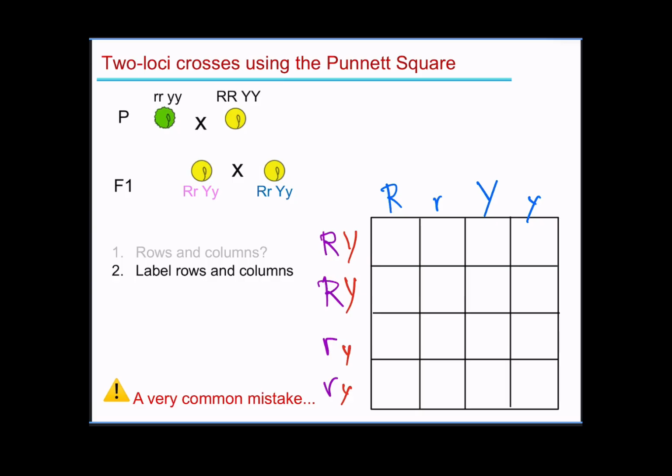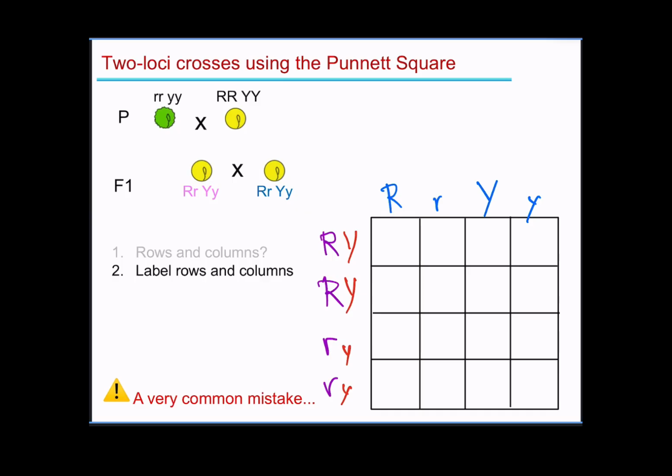So the dominants for Y don't always have to go with the dominants for R, and the recessives for Y don't have to always go with the recessive for R. But it's a very human tendency to say, I'll go in order, first the dominants, then the recessives, and then you end up with this that implies that all of the gametes that these plants produce are of 2 kinds, either 2 dominants or 2 recessives. When in reality we know there should be 4 kinds with equal probabilities, with a dominant of one, a recessive of the other, vice versa, or both dominants, both recessives.